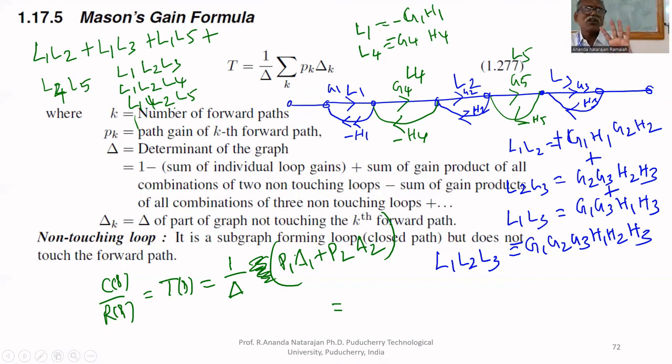IQ means it is not a formula. It is a thumb rule, not a formula. So Mason's gain formula is a thumb rule, not a formula. If you miss something, the answer will be wrong. You have to assume it as a thumb rule.